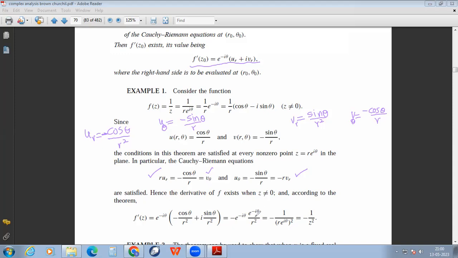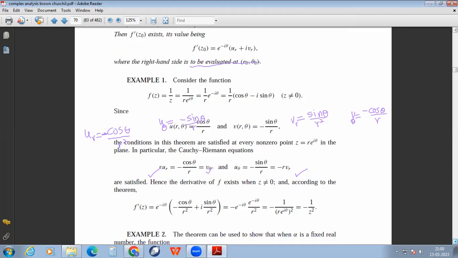So it makes it e raised to minus twice i theta. Going down, you can make it minus 1 upon r into e raised to i theta, whole square. So it is minus 1 by z square. And I think we have done this in our classwork also. So this was just a kind of rewinding. Hope the thing is familiar to you.